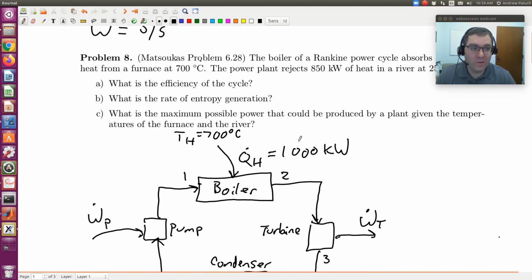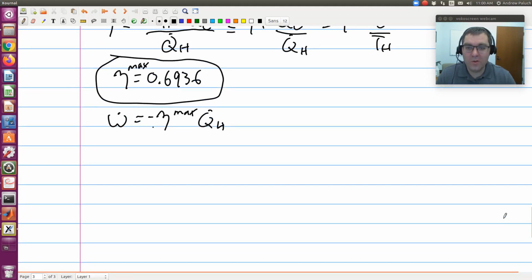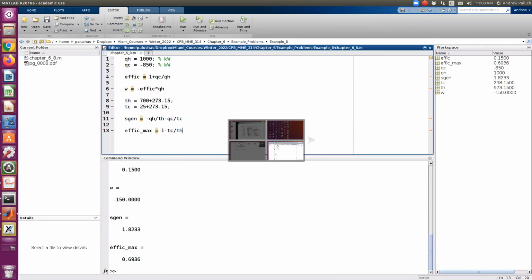So what I'm going to assume is that we still have an input of 1,000 kilowatts coming from our boiler. So I'm going to assume that Q dot H is still 1,000.